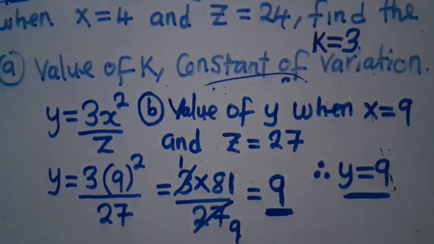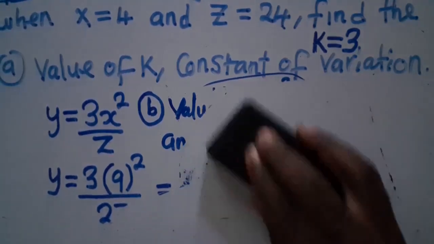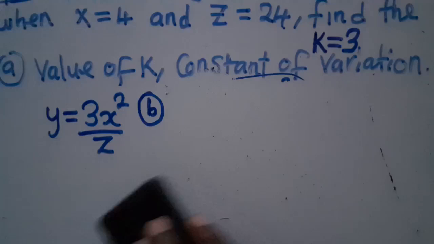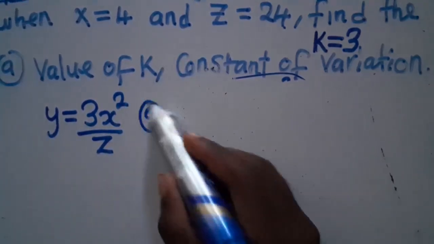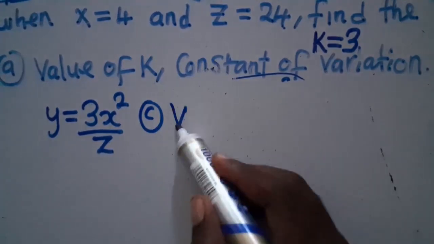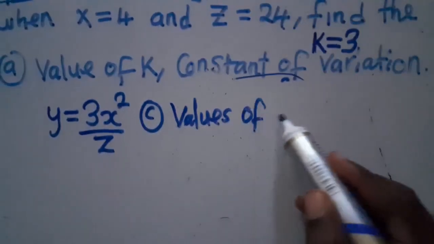Then we move to our last question, which is question C. This is 2022 ECZ paper 1. So part C now, which is our last question. I'm not supposed to lab this equation because this is the one that is guiding me, helping me answer the question. So the question is saying, find the values of x.